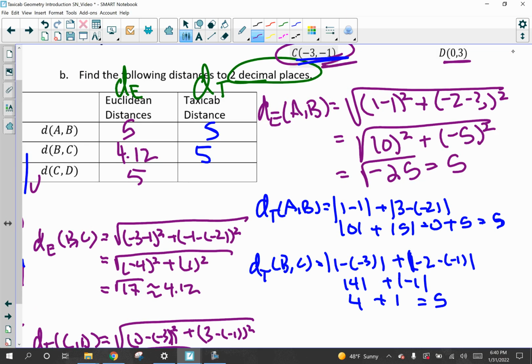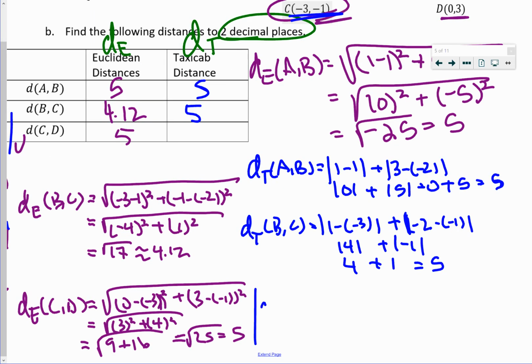Now, if I do the taxicab distance between these two here, this is D right here. The absolute value of -3 minus 0 plus the absolute value of -1 minus 3.